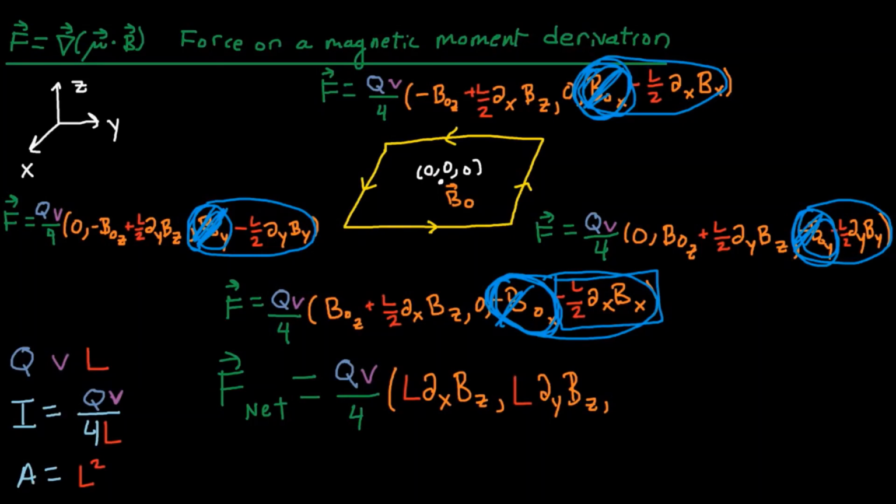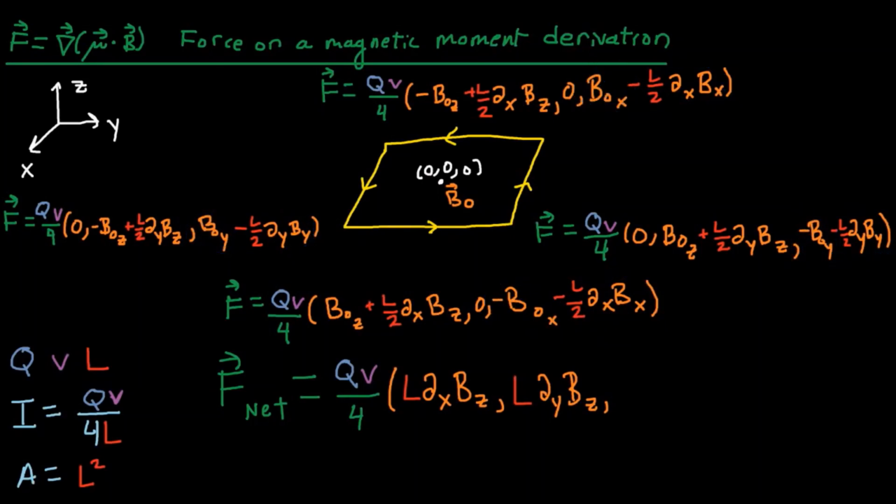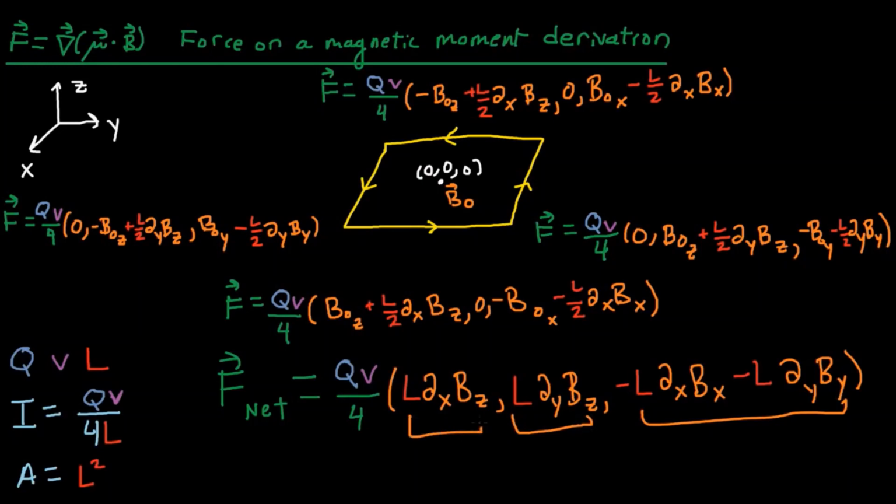So overall, we get negative L partial x bx, and then minus L partial y by. So we can see that the z component looks different from the x and the y components here.